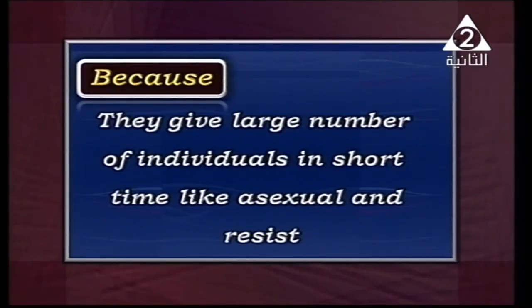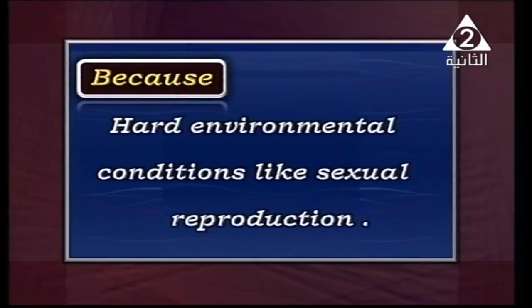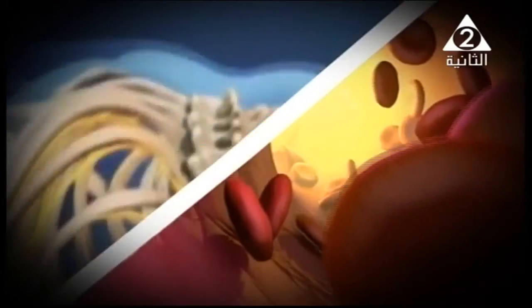At the same time, sexual reproduction can resist and tolerate hard environmental conditions. Get the difference? Asexual cannot resist environmental conditions, sexual can. Alternation of generation has both benefits of sexual and asexual reproduction.